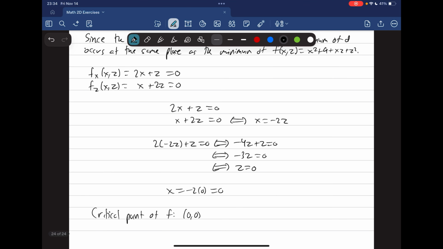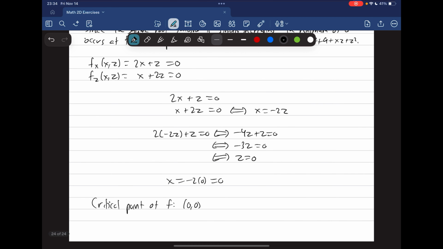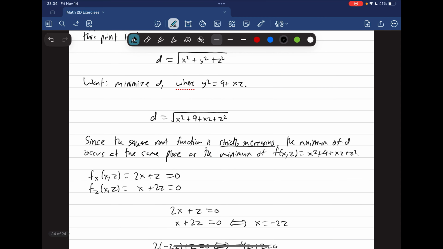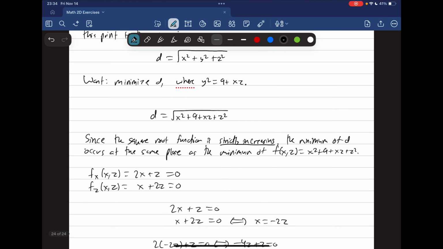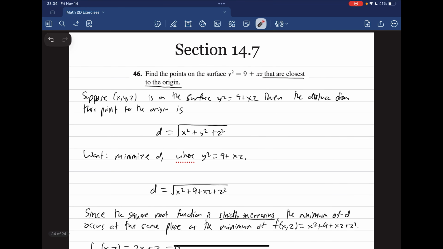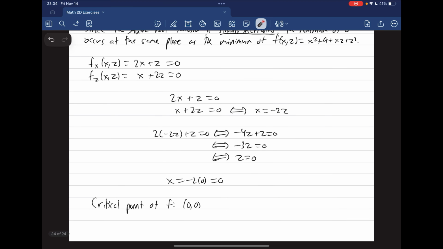Okay. And now, once we have this critical point, we need to go back, because remember that the problem asked us for the points on the surface that minimize the distance. Our surface is y squared equals 9 plus xz, and because x and z are both 0, we can find the y coordinates.